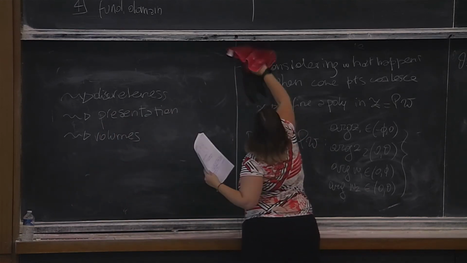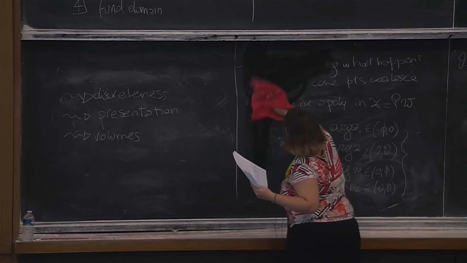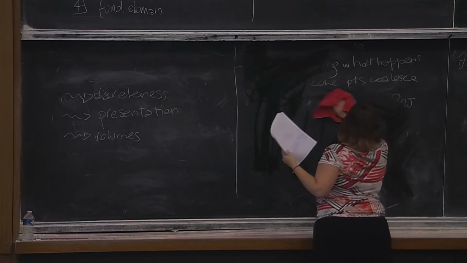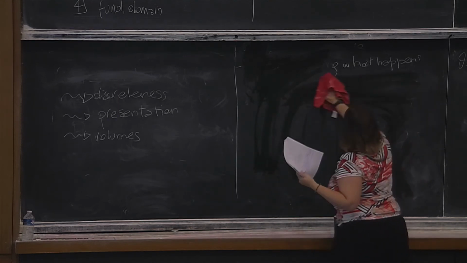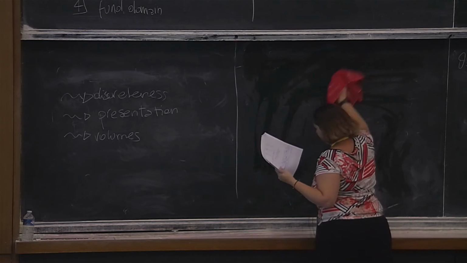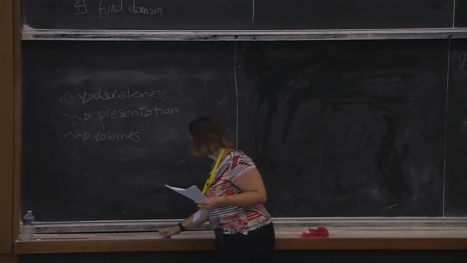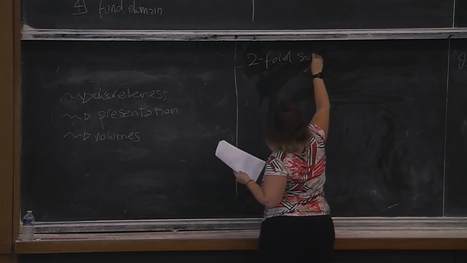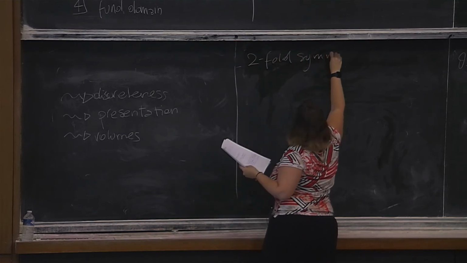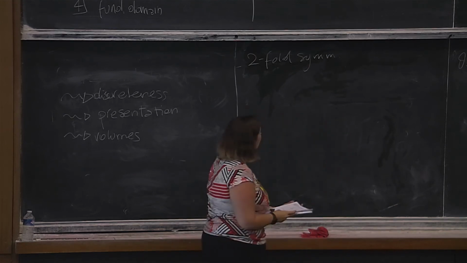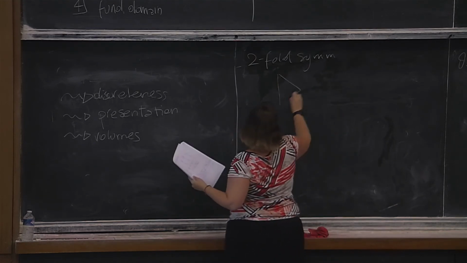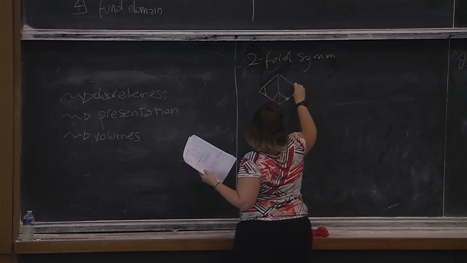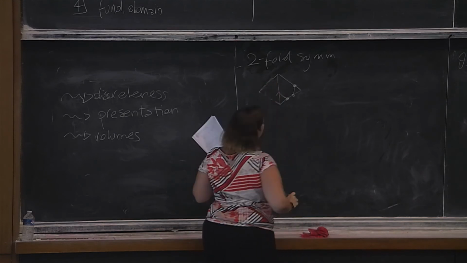Okay. And then we go to the twofold symmetry case. So in the threefold symmetry case, when we had those configurations of triangles, we had chosen those three angles to be the same.